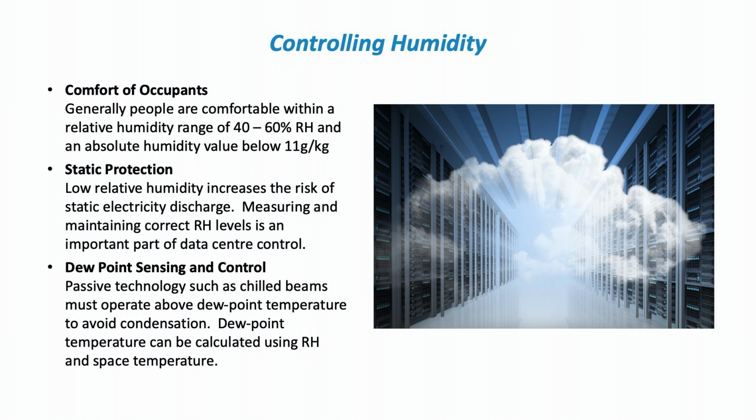We feel comfortable when the relative humidity is between 40 and 60%. And we also start to feel uncomfortable if absolute humidity, that is the actual amount of moisture in the air, goes above 11 grams of moisture per kilogram of air. So humidity has a bearing on our comfort.